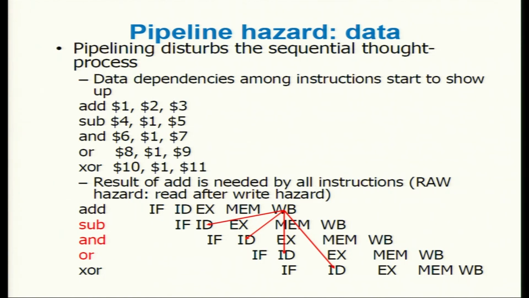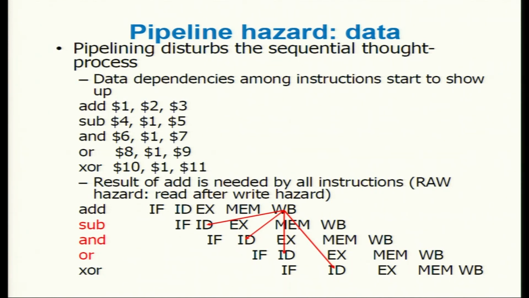And clearly it's going to be the wrong value, because $1 is not yet updated, it's updated only here in this particular cycle. So similar thing will happen with the AND instruction or instruction. So it's called a data hazard. That is, you are unable to deliver the correct data to your instructions because of pipeline.